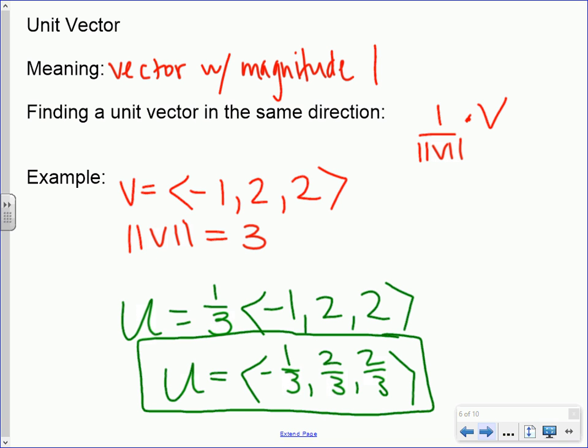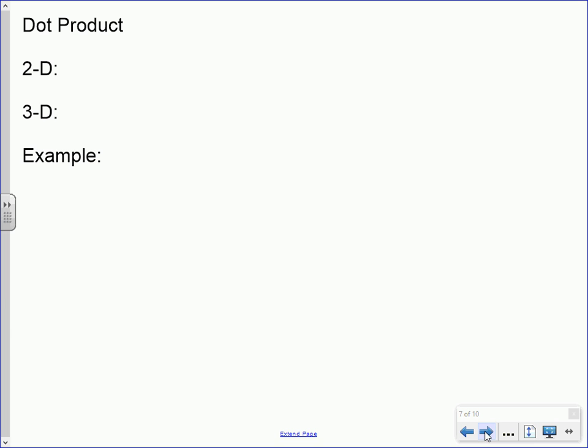All right. Let's review another operation. Dot product. Okay. If we took the dot product, let's say, v dotted with w. Do you remember that notation? Okay.